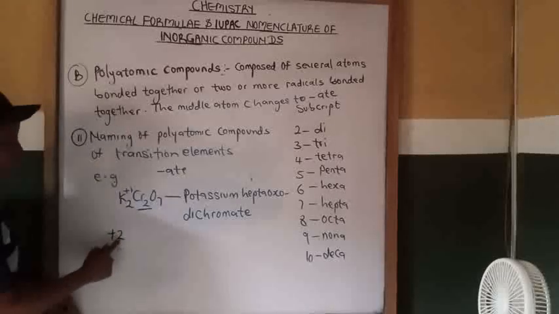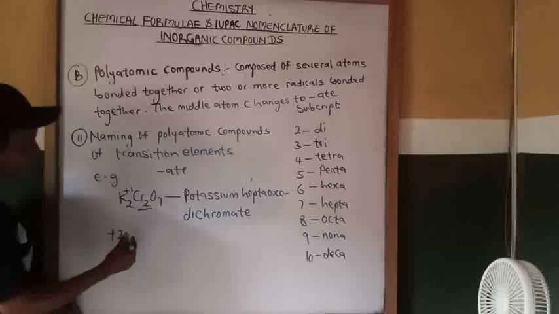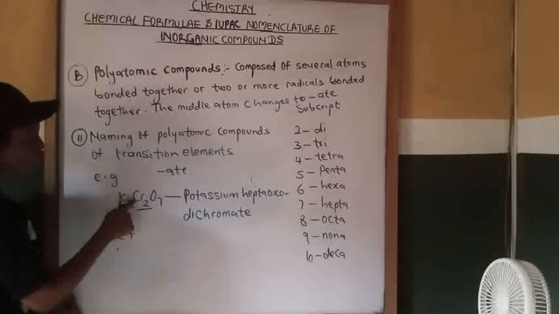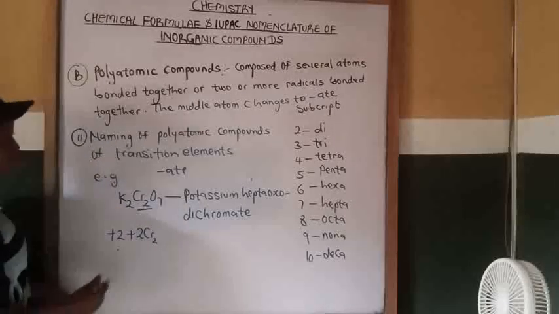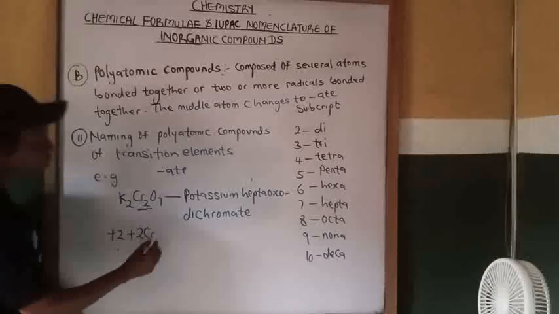So +1 times 2 will give us +2, because we have 2 atoms of potassium. Then followed by our unknown, chromium. So 2 times Cr will give us 2Cr.